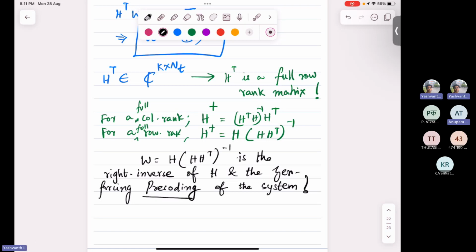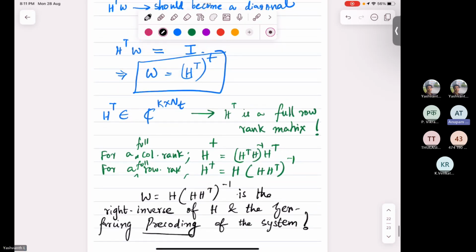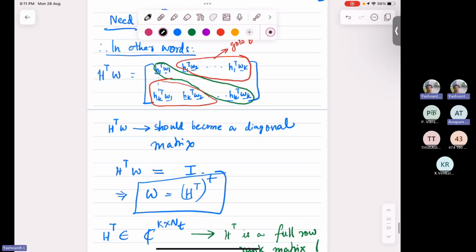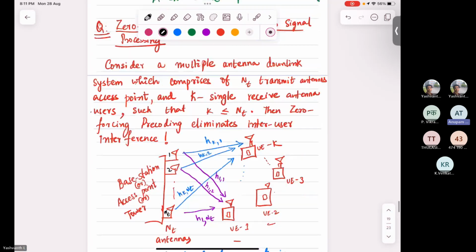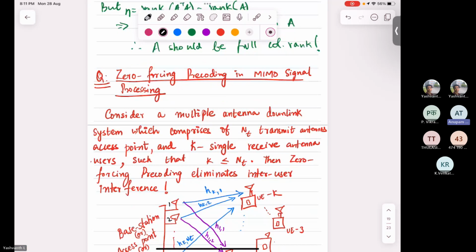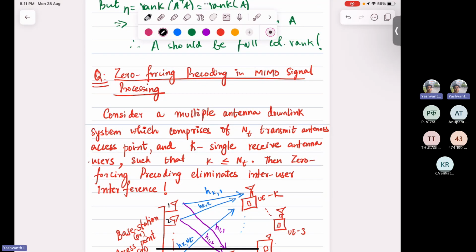Sir, this is clear, but if you see the K, suppose users are 1000 and a base station cannot have 1000 antennas. So the assumption we said, K is less than the number of antennas, is not correct practically, though mathematically whatever you said is correct. Okay, so that's a good point you raised.